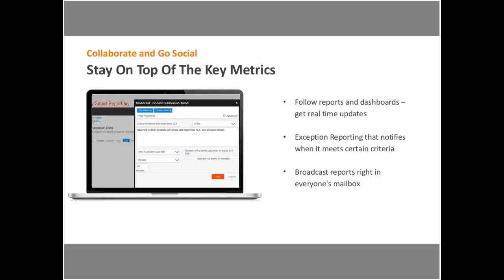If there are comments on the report, you can get them right in your reporting timeline. There is the ability to have exception reporting, where only if a certain event happens do you get a report notification, or you can broadcast these reports into multiple people's inboxes. Those are some of the social and collaboration aspects available in the reporting tool.